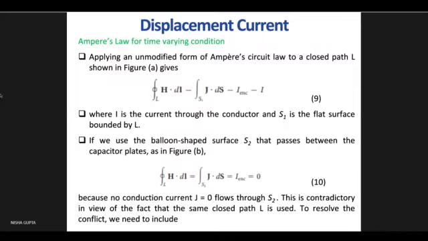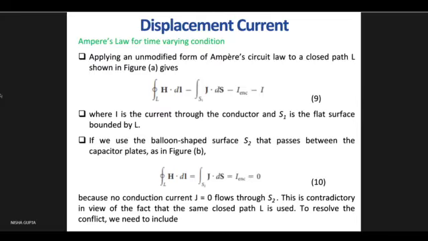So now it is contradictory, in view of the fact that the same closed path L is used. We need to resolve this conflict. In the first case, when surface S1 is there, I enclosed is equal to I. But when we consider a balloon shaped surface passing through the capacitor, there is no conduction current.